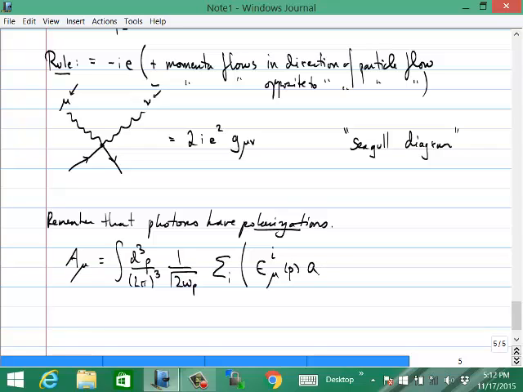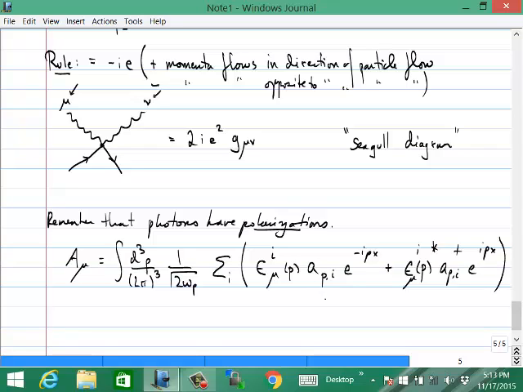But in any case, if we let I label the possible polarization states, say X polarized or Y polarized for a photon propagating in the Z direction, then we have these polarization vectors that multiply the raising and lowering operators, A and A dagger.